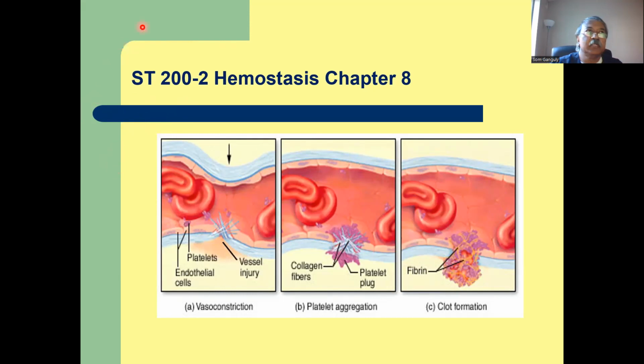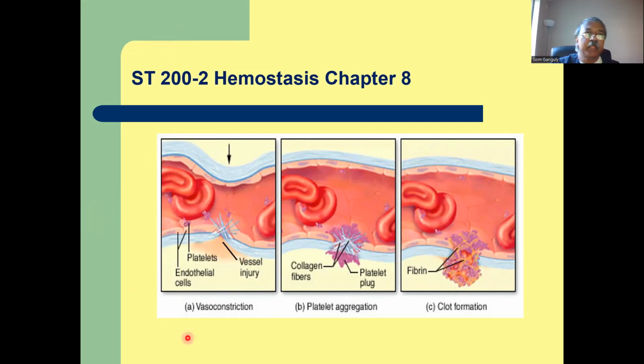So we have to learn what this natural hemostasis process is, so we can understand the mechanism behind it, and we can then help natural hemostasis to enhance and control bleeding so that the blood loss is minimized.